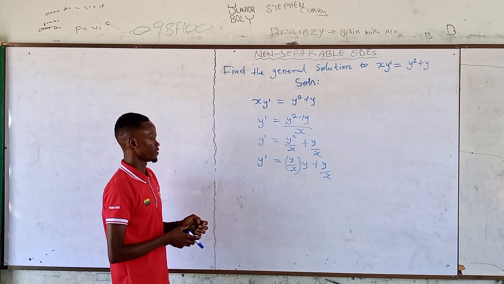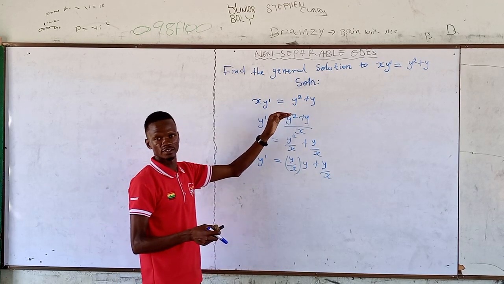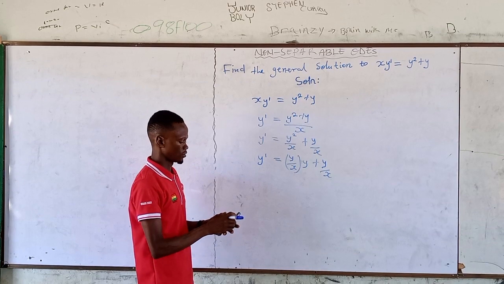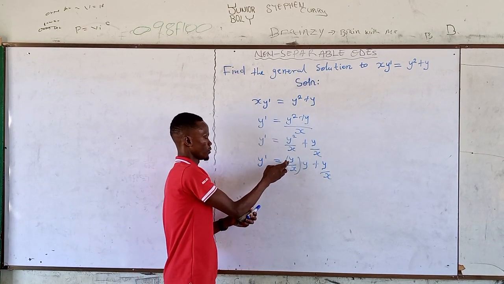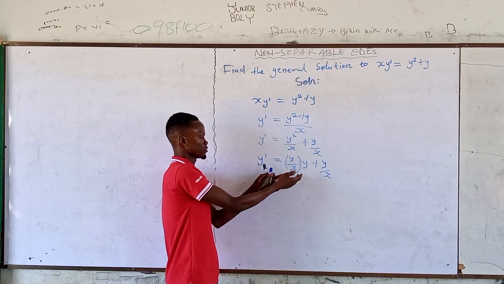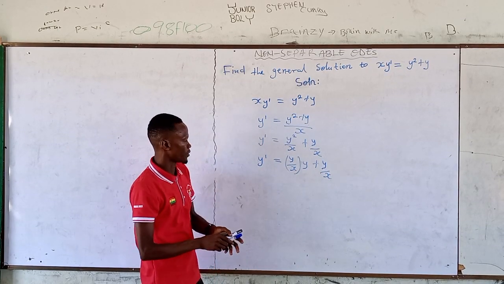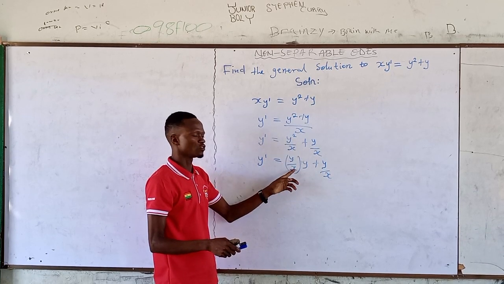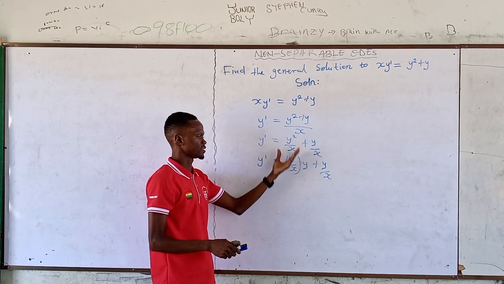So at this point, we have been able to rewrite the equation into a form where we have y over x. Now kindly note that where we have y over x times y, if I want to send it back to the original form, I will multiply the y by the y. So I have y squared over x. So it basically stays the same.